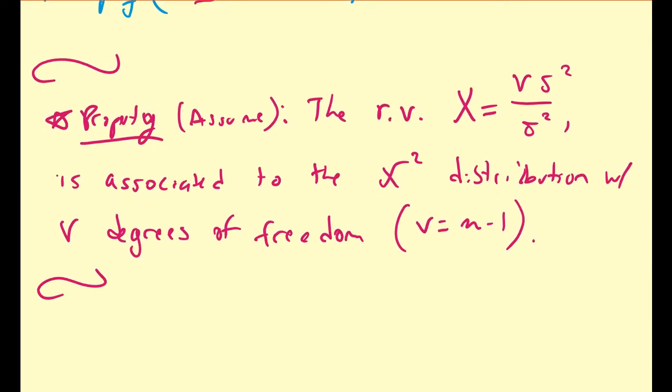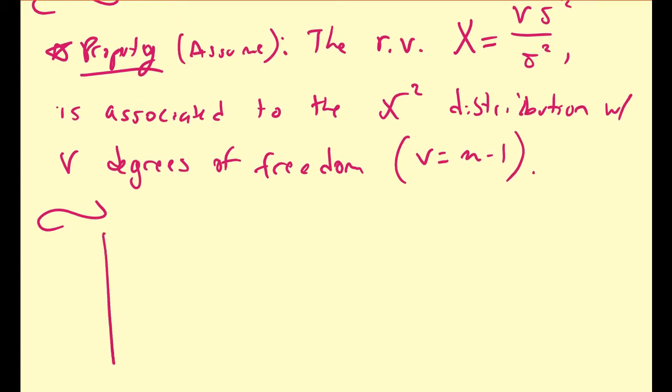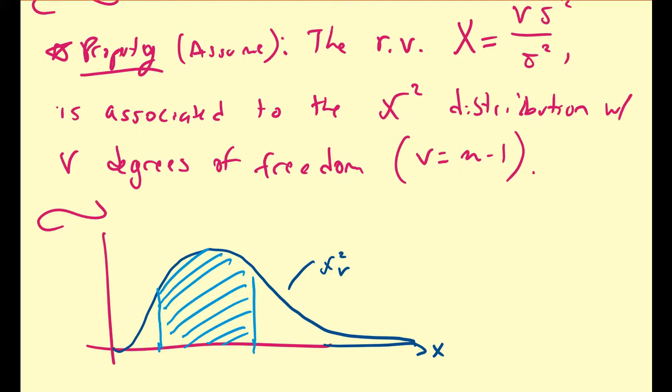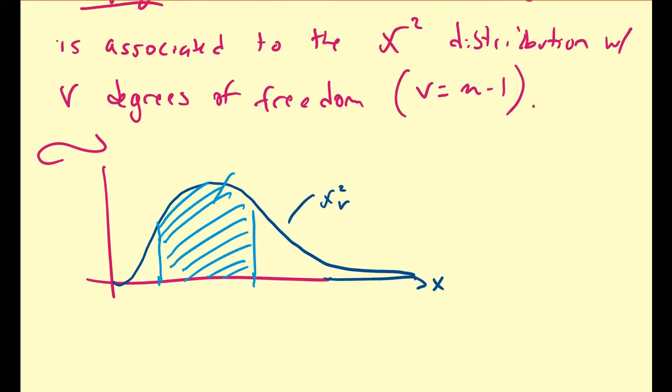We already know some things about chi-square at least. We know chi-square has a very non-symmetric but yet smooth distribution. So this is going to be x, and this is going to be our chi-square distribution with nu degrees of freedom. Now we're going to be looking for these two numbers here, and this is going to correspond to our level of confidence c. This is going to be my left confidence interval critical value, and this is going to be my right value.